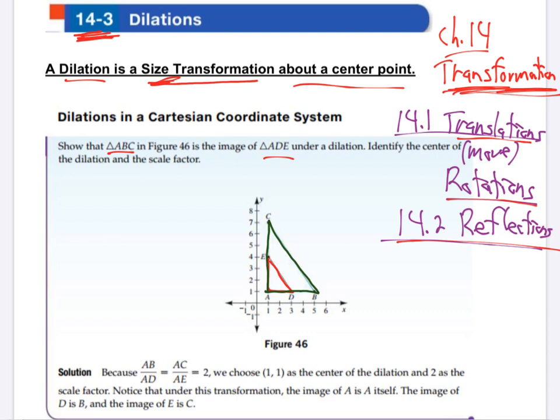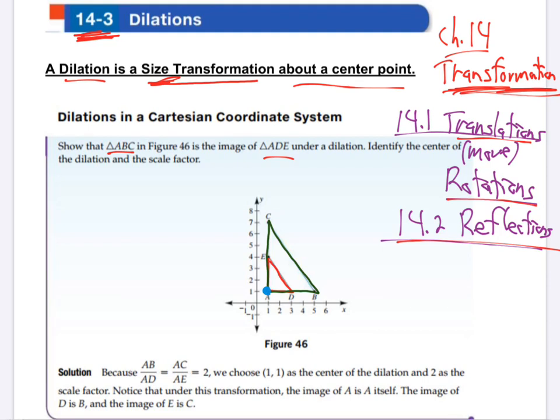That's called a size transformation or a dilation about center A, right here. This is the center. It's from that dot that we expanded the little triangle to be the big triangle.